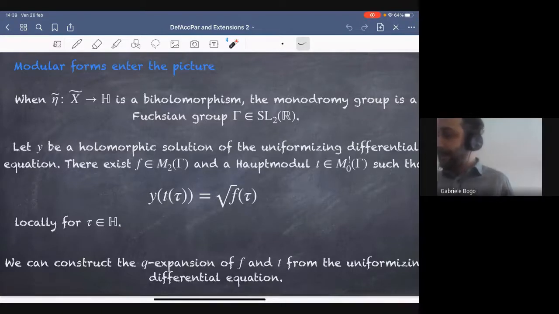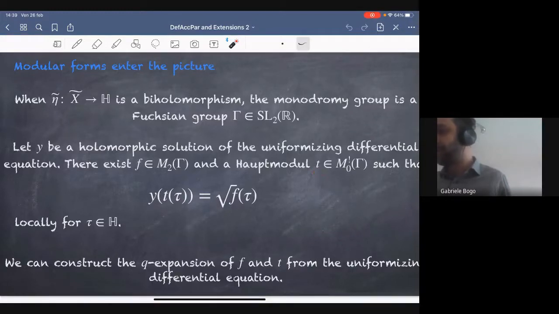And in this case, when you have this group, you can speak of modular forms on this group. And what happens is the following: the holomorphic solution of your differential equation is nothing but a modular form locally expressed in terms of a modular function. In the case we're studying today, which is the case of genus zero surfaces, this is more than a modular function.